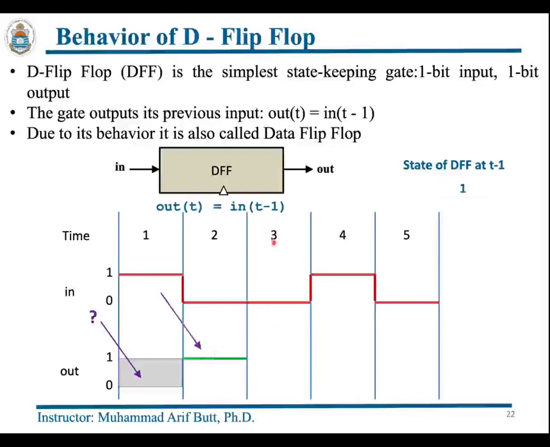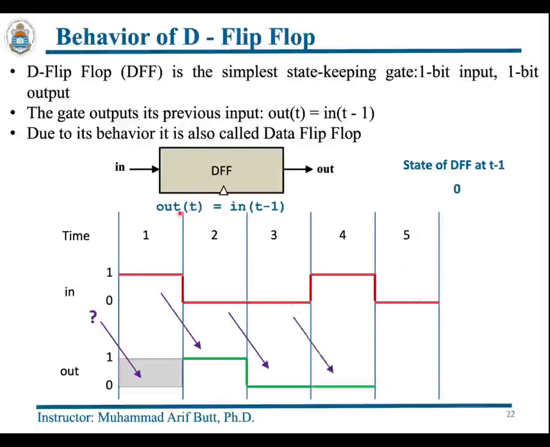Similarly, at time 3, the out will be whatever is in at time 2, and at time 2 we have a 0 at in, so we have a 0 at out at 3. Similarly, at time 4, the out at time 4 will be the in at time 3, which is 0. So we have 0 over here.